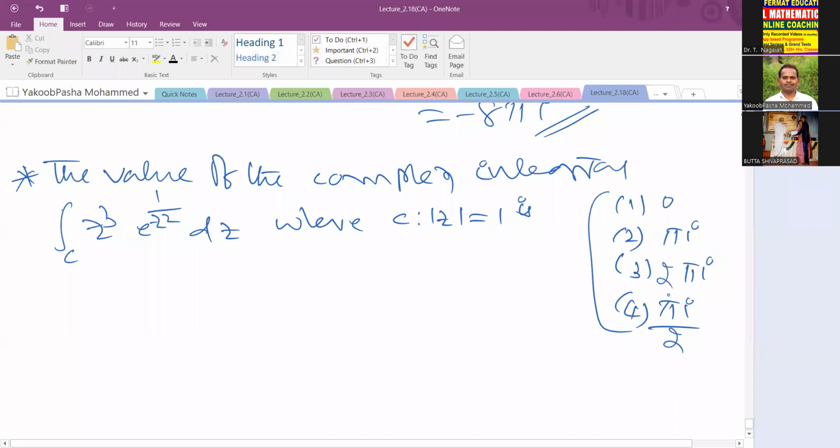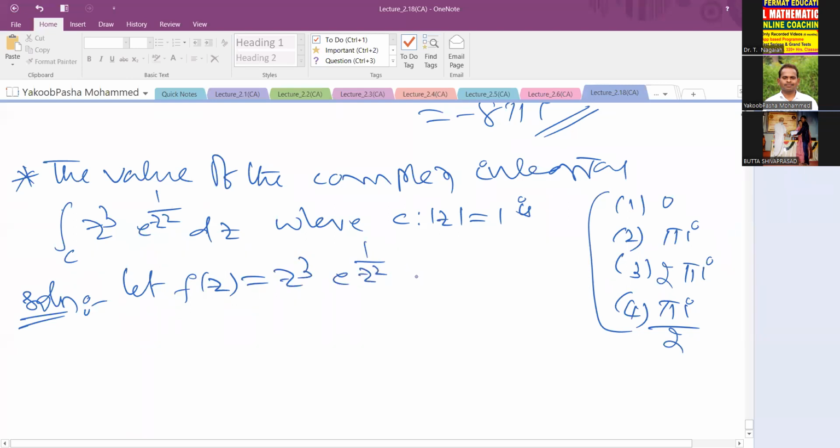Now first take the function f of z equal to z cube into e to the power of 1 by z square.